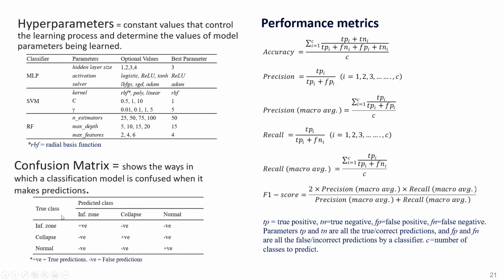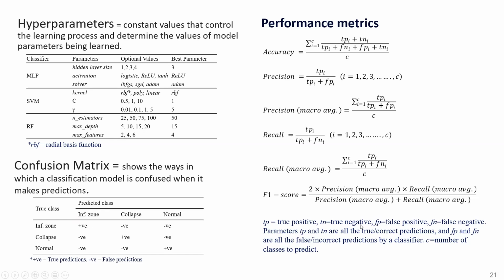Depending on the relationship between the true classes and the predicted classes, we can have true positive, TP, whereby the machine learning algorithm shows a positive correlation between input and output. Okay, so there's an agreement between input and output, and the results are predicted correctly by the machine learning algorithm. So we have a true positive.